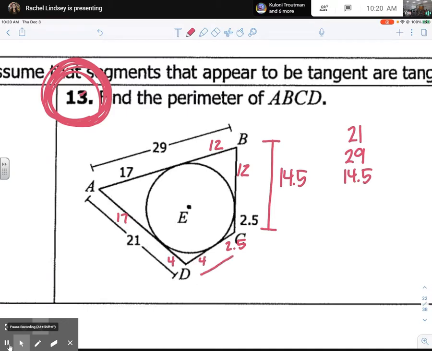So what's the whole side BC? 4 plus 2.5 gives you 6.5. So now I have all four sides. To find the perimeter, add up all four sides. So 21 plus 29 plus 14.5 plus 6.5.